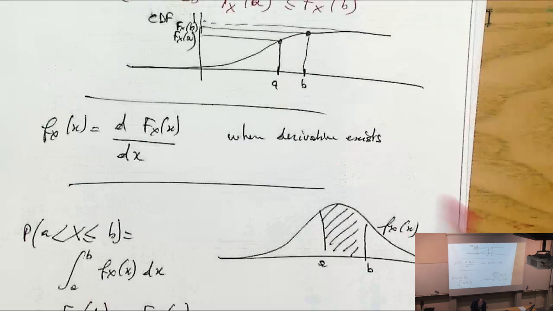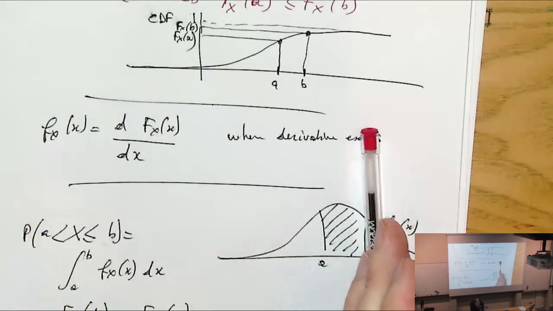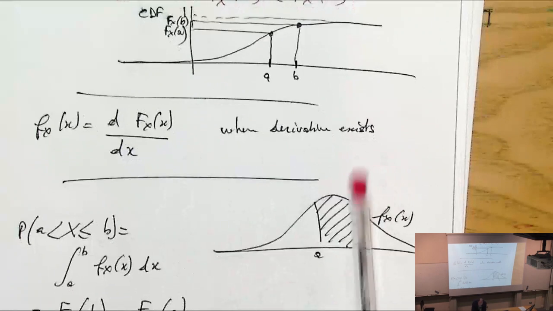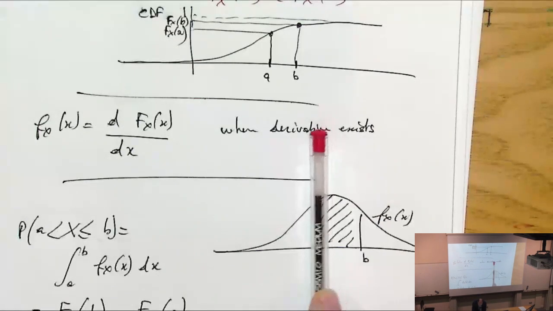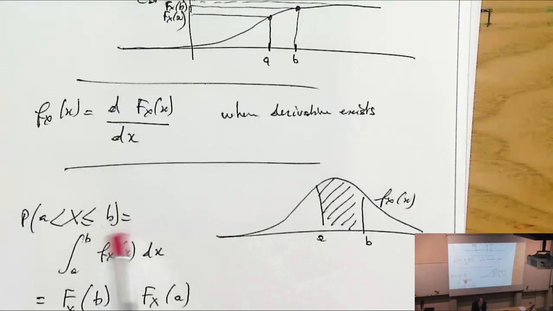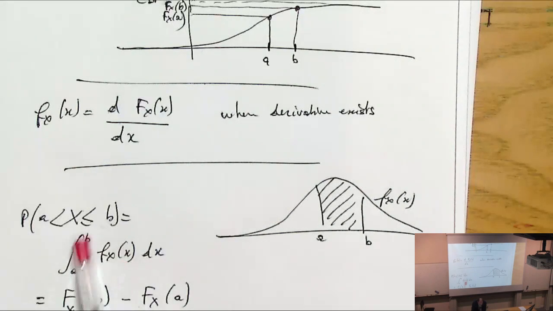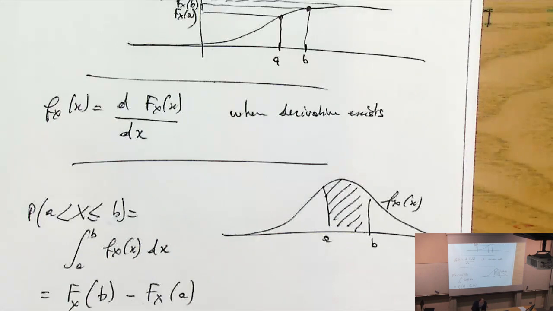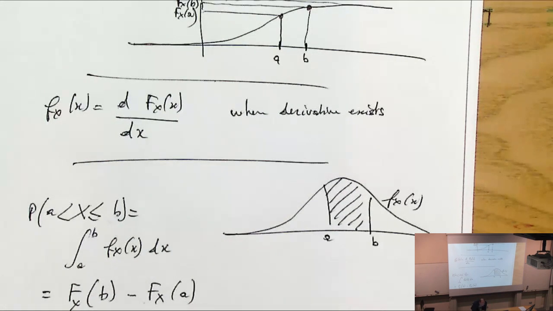You take the CDF evaluated at B, which is all this area under the curve, minus the CDF evaluated at A, which is all this area under the curve, and what you're left with is this area here. Or you can use the definition directly, integrating the probability density function over the domain between A and B. So those are two equivalent ways of computing that probability. Is that okay? I think this should be fine.